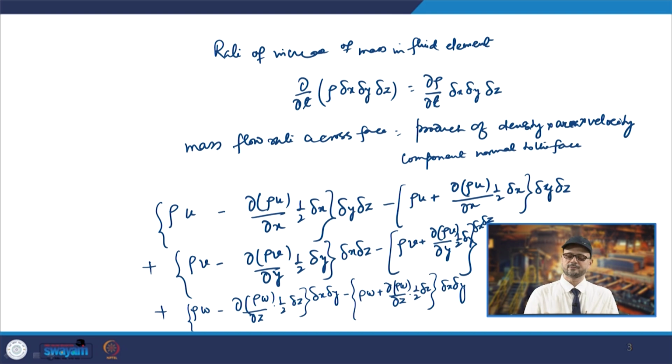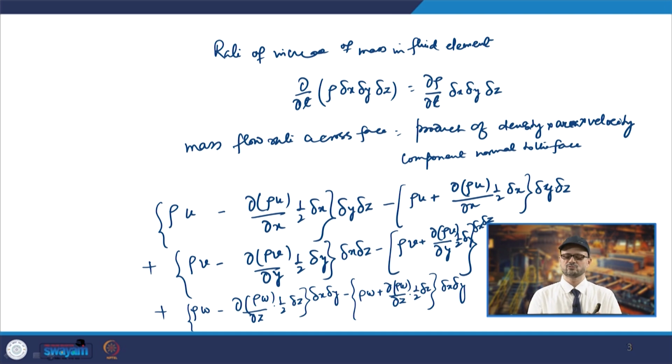If you take this, you will see these terms getting cancelled, and you will get certain terms. So, here you are getting ∂ρ/∂t into Δx Δy Δz. Now, in this case, this is minus of ∂(ρu)/∂x times half Δx, and that will be minus of ∂(ρu)/∂x into half Δx into Δy Δz.